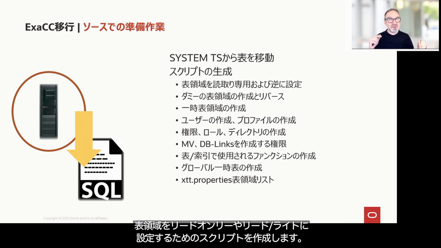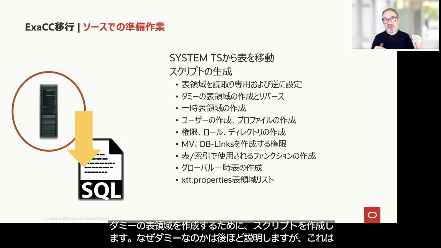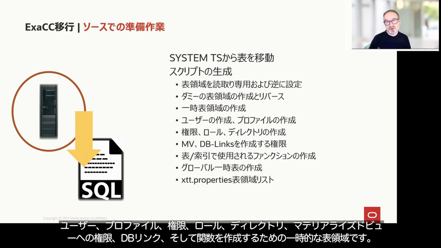We generate scripts to set our table spaces read-only and read-write. We create scripts to create dummy table spaces. I'll explain in a minute why dummy table spaces, and also reverse that, creating the temporary table spaces, the users, the profiles, grants, roles, directories, grants to materialized views, DB links, also for create functions.